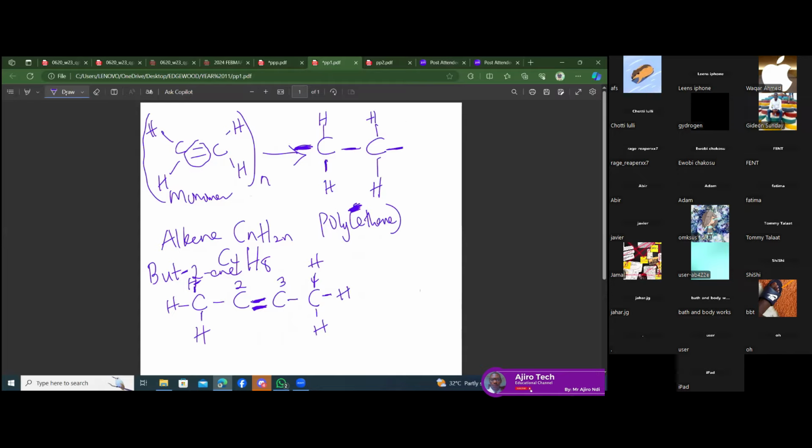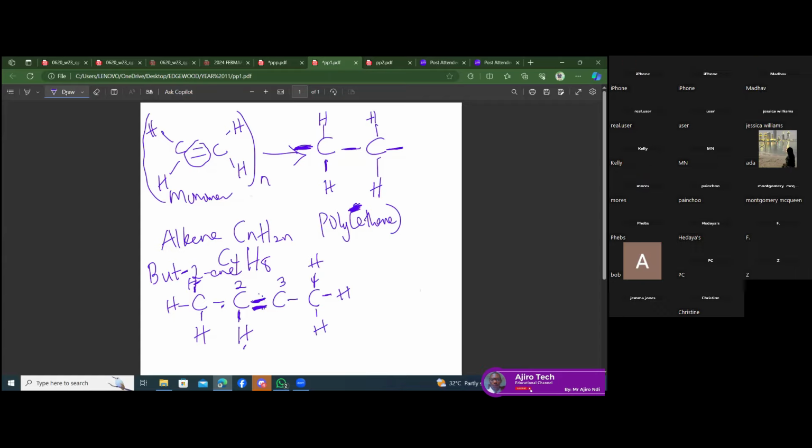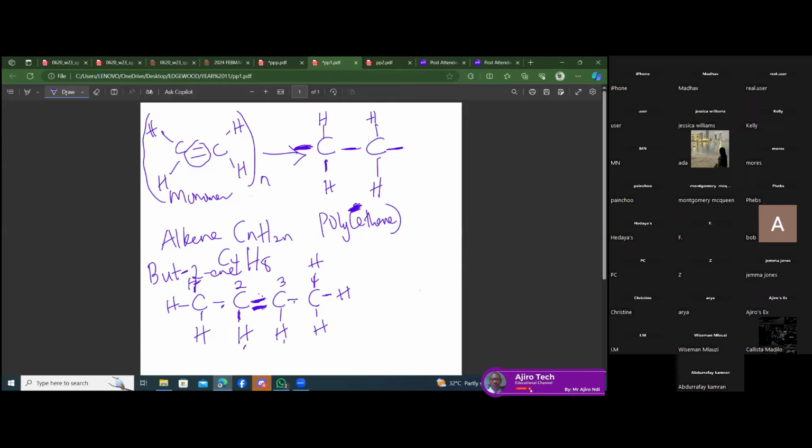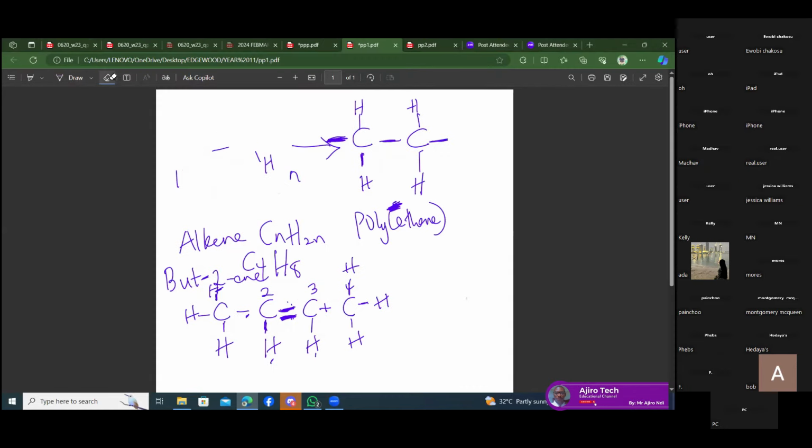If there are 2 already, there's 1 here already, so I only need to put 1 here, so that becomes 1, 2, 3, 4. The same thing applies here: 1, 2, 3, 4. So this is the structure of but-2-ene. Now that I know the structure, let me transcribe it into a way that will be easy for me to draw the monomer and polymer of butene.